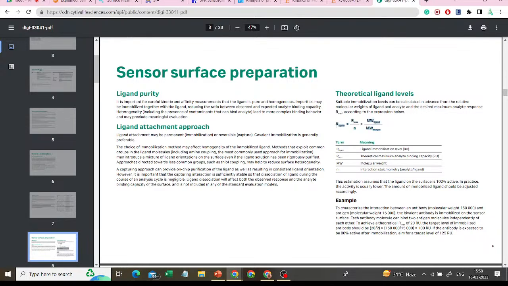Okay, so you can go through this. Okay, so this is your ligand immobilization level, theoretical maximum analyte binding capacity, molecular weight, interaction stoichiometry.